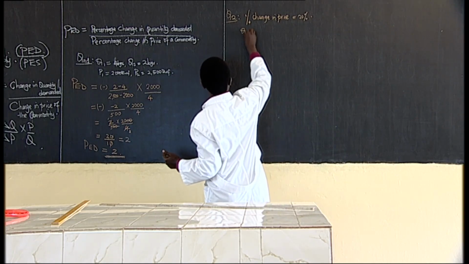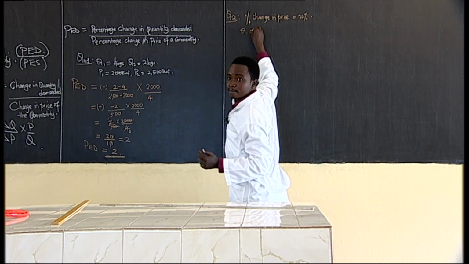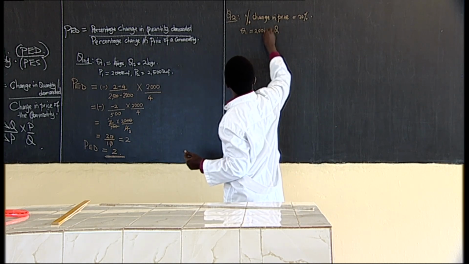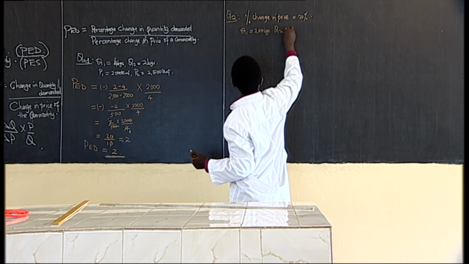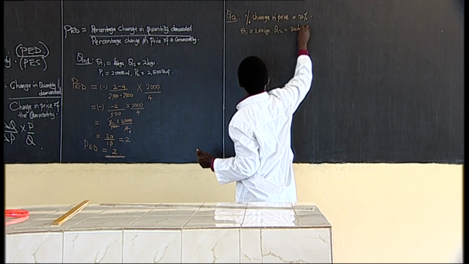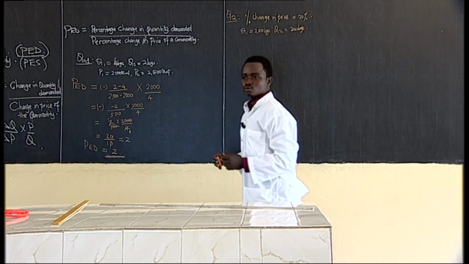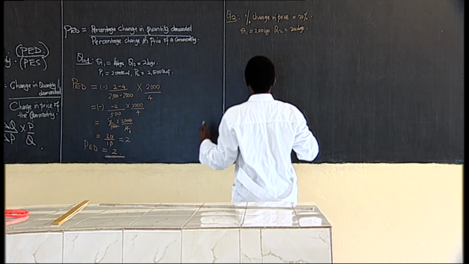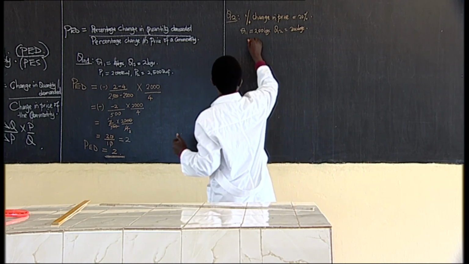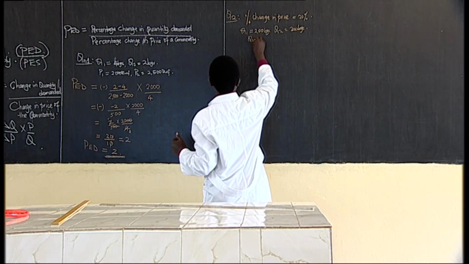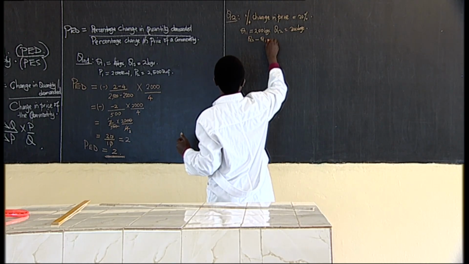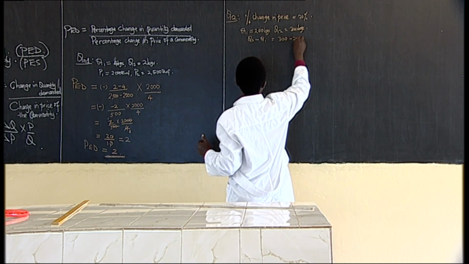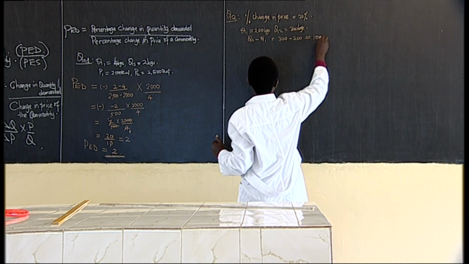We have quantity 1, which is equal to 200 kilograms. Then we have quantity 2, which is 300 kilograms. How do you calculate the percentage change in quantity demanded? You have to look at what changed. So how will you get the change? Quantity 2 minus quantity 1, which is 300 minus 200. So here our change in quantity is 100.